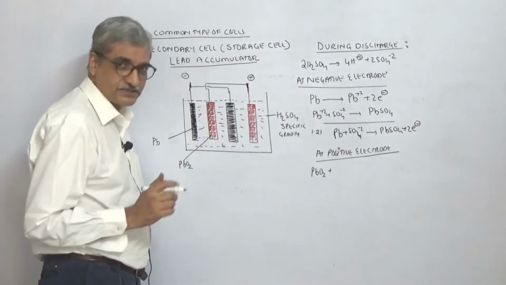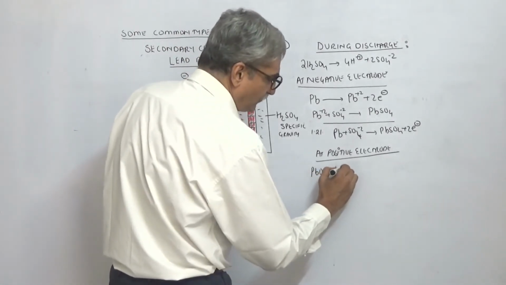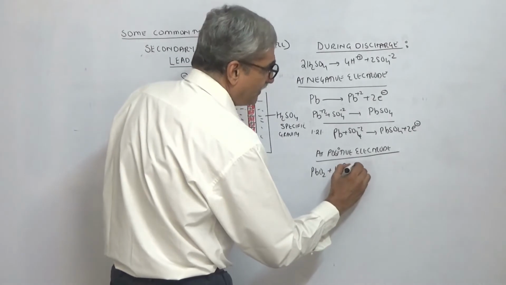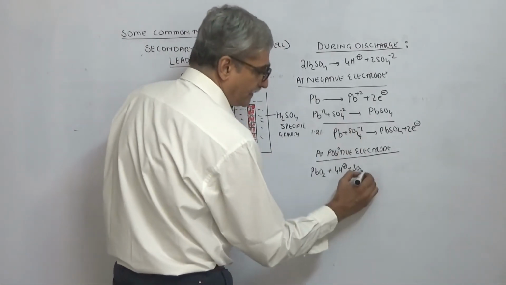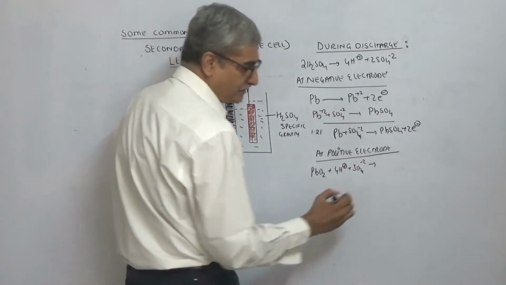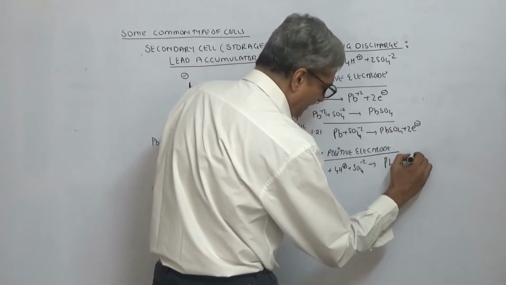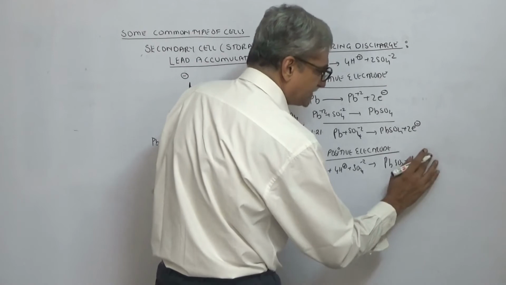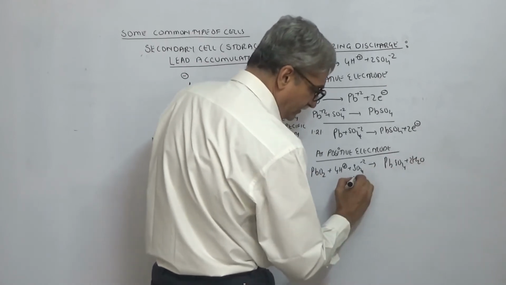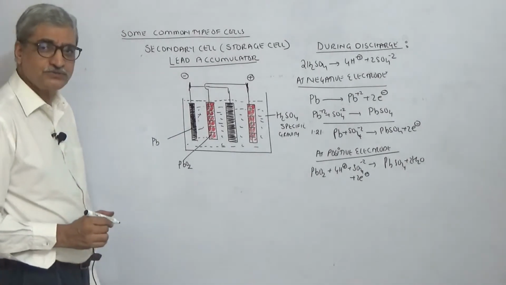That's why we had a lead mesh. So PbO2 plus 4H+ plus one more sulfate ion, because one got used over here. You will get PbSO4 plus 2H2O. Of course here it is reduction, so 2 electrons are taken.